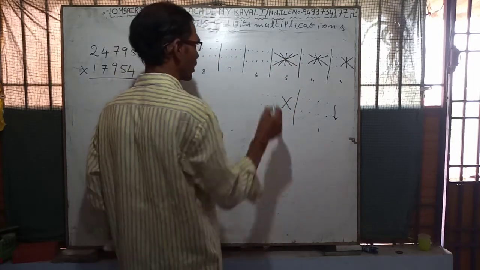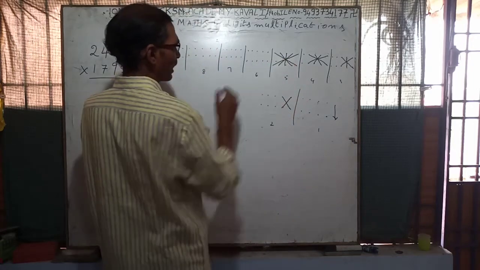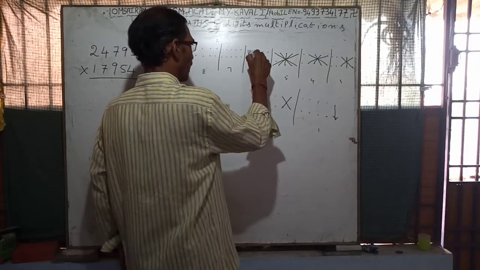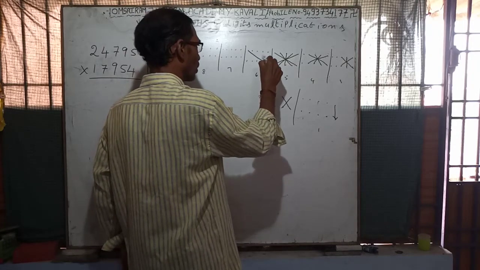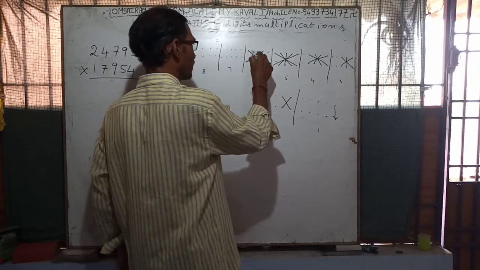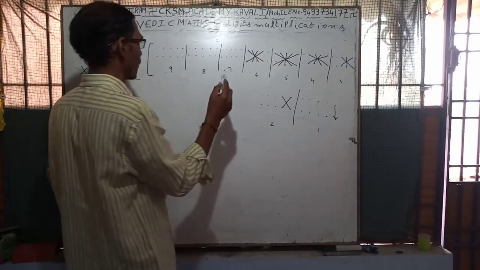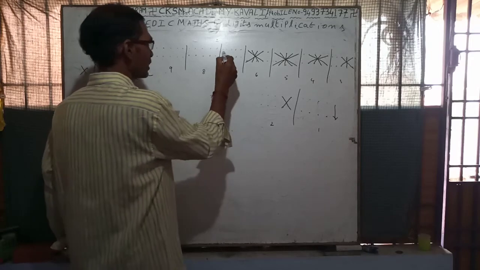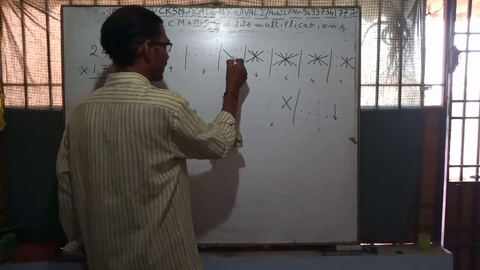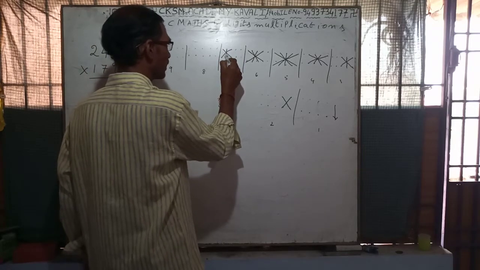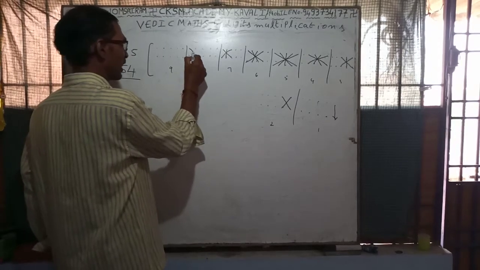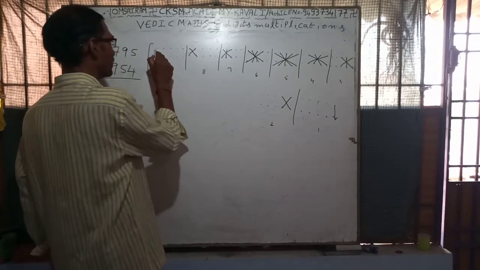The sixth step means we take only 8 dots. Next, the seventh step means we take only these 3. Next, this is the 8th step. This is the 9th step.